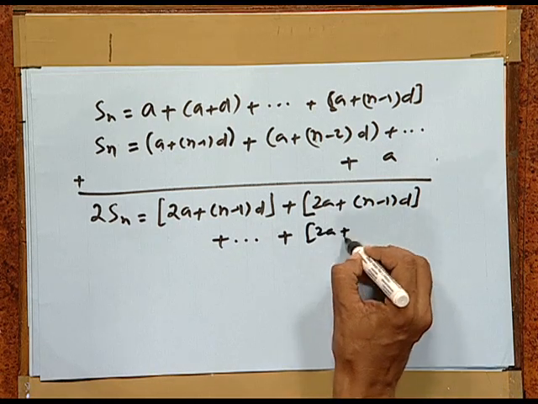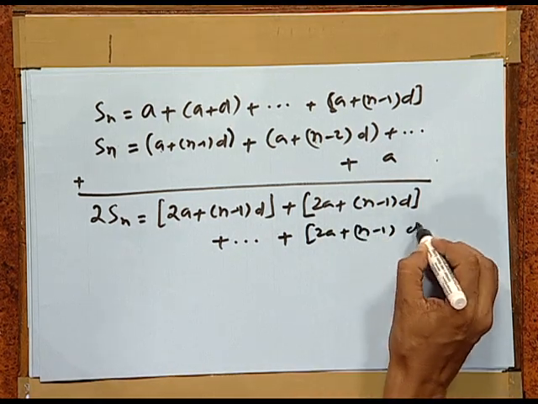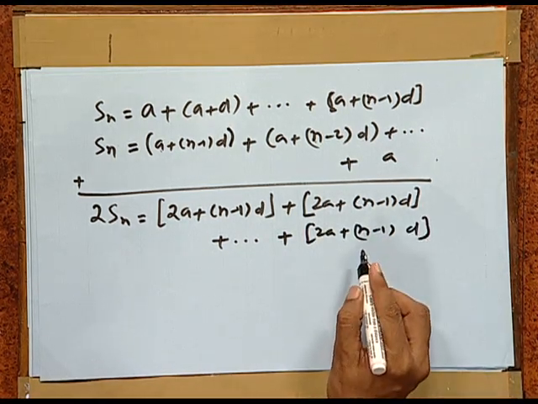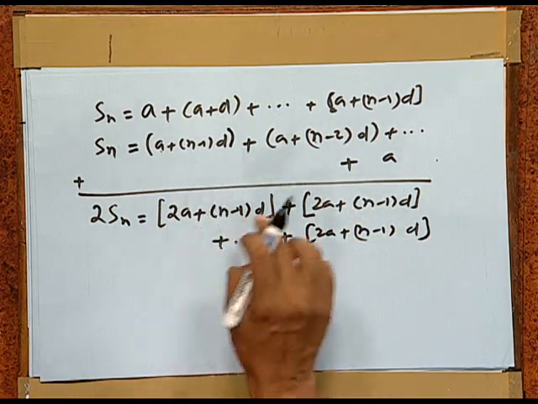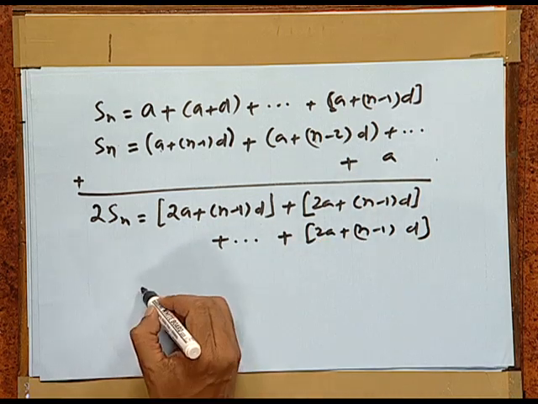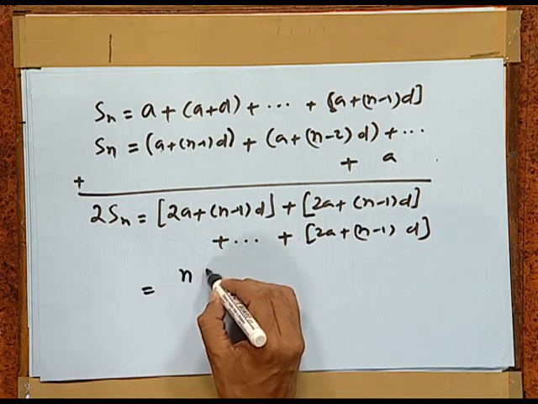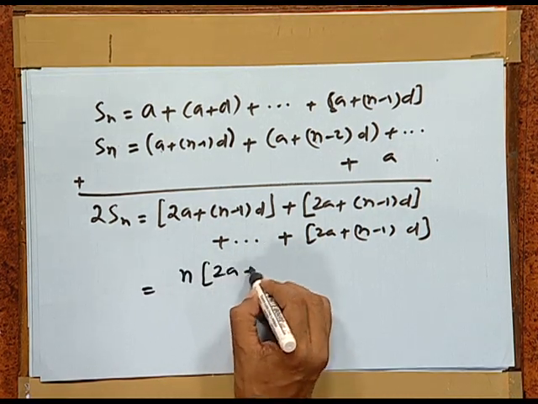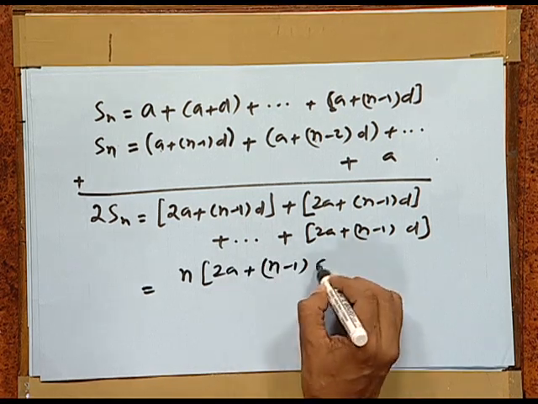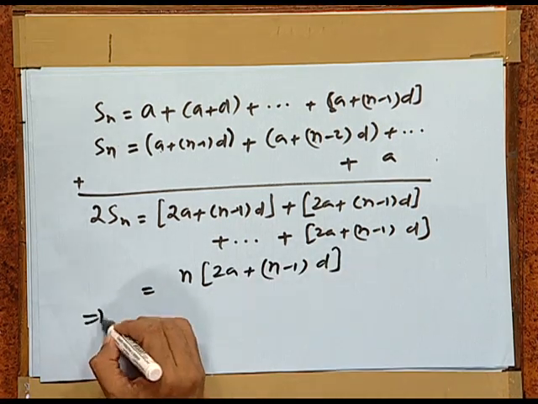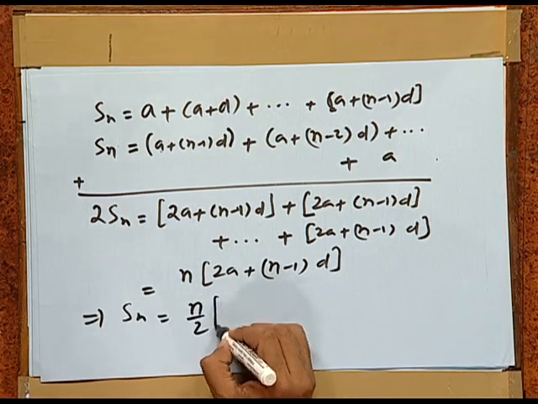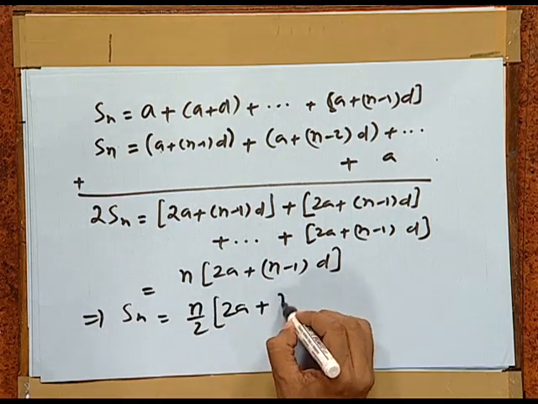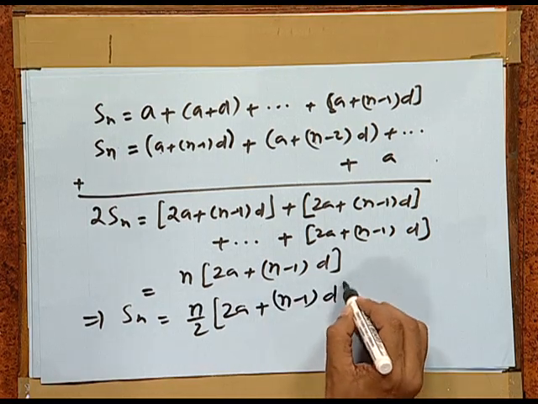Again you have 2a plus (n minus 1) d. So, each term is the same, but the number of such terms is exactly n. So, which equals n times (2a plus (n minus 1) d), which makes Sn equal to n by 2 times (2a plus (n minus 1) d).